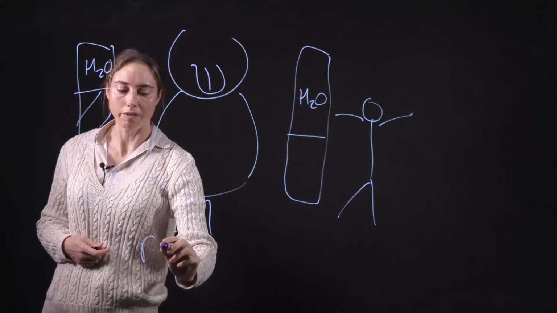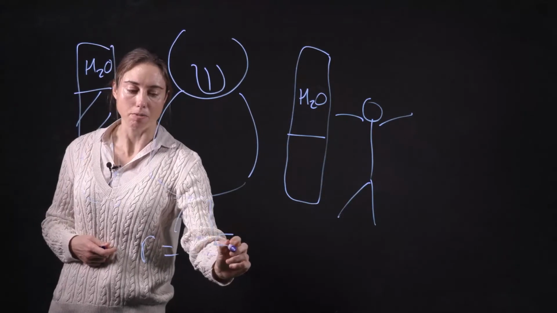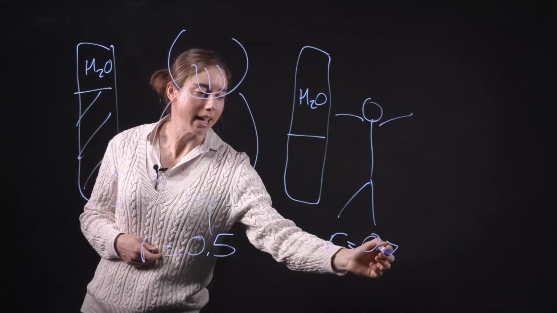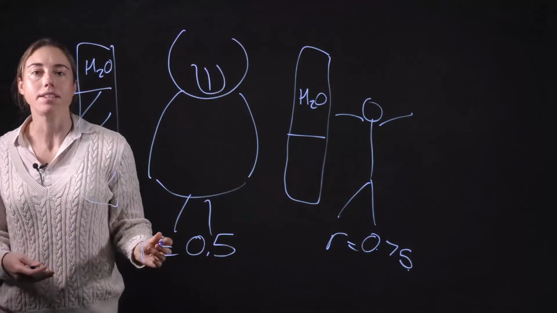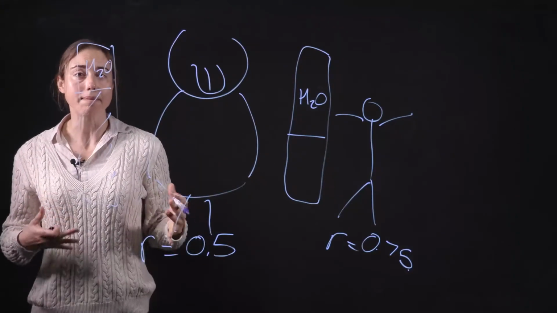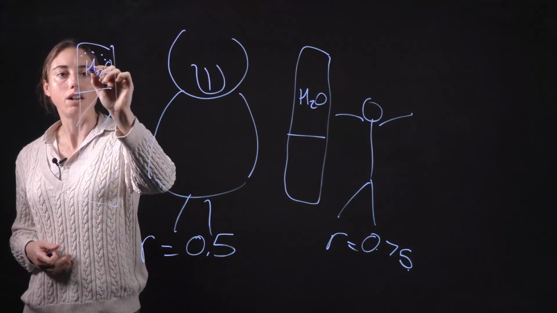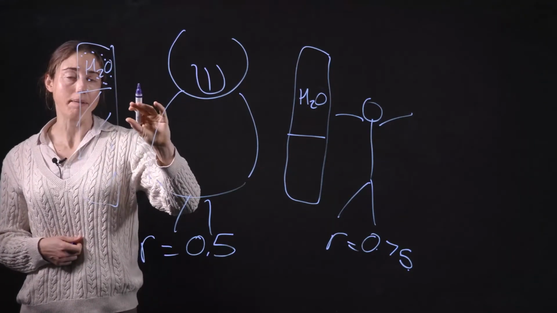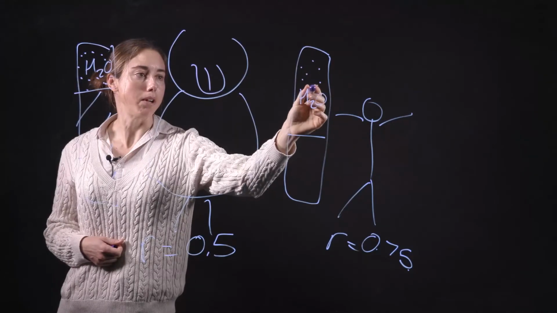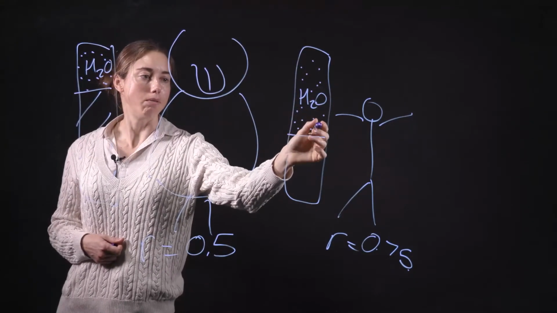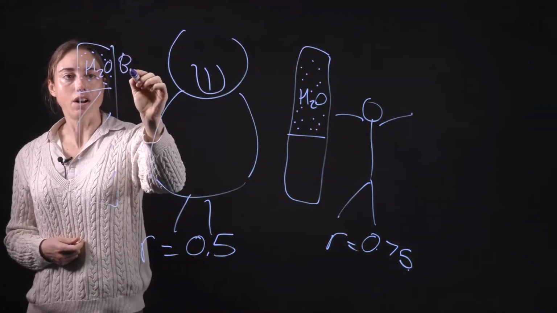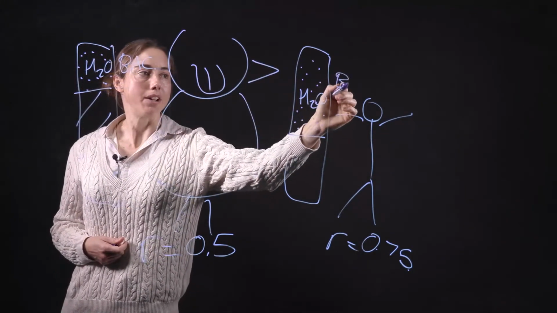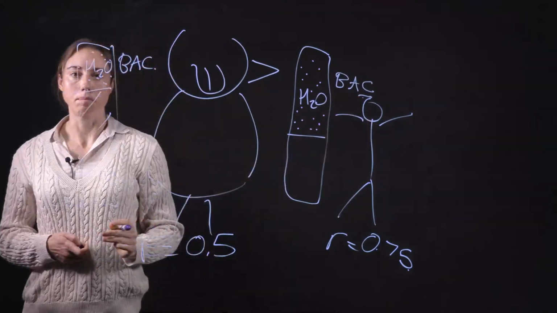This means that the R factor of the fat person may be 0.5, while the R factor or distribution factor of the thin person will be higher. And practically what this means is that if they both consume the same amount of alcohol, all the alcohol is concentrated in the relatively small amount of water in the fat person compared to in the thin person where it's distributed over more water. So the blood alcohol concentration of the fat person is higher than the blood alcohol concentration of the thin person.